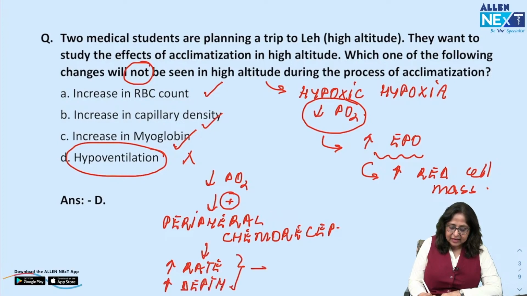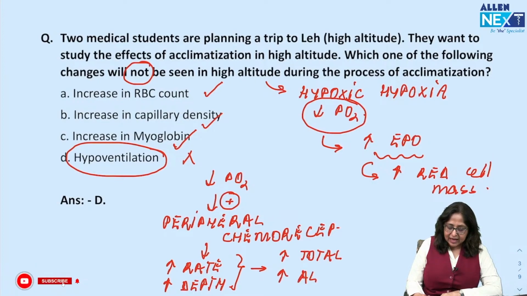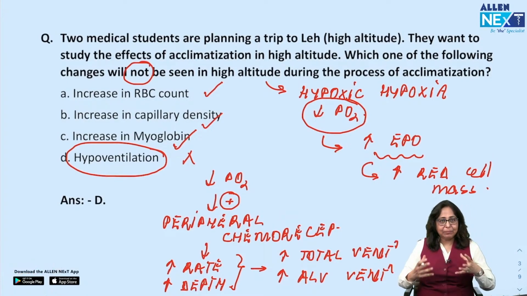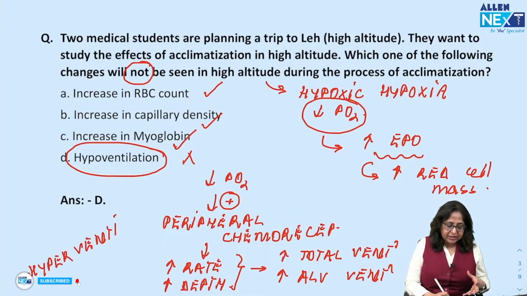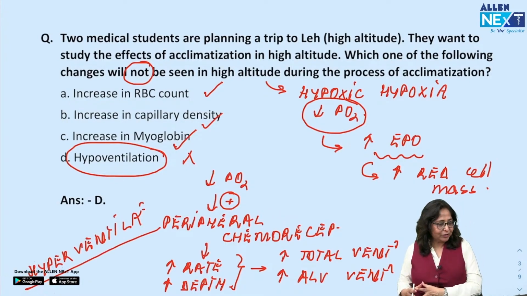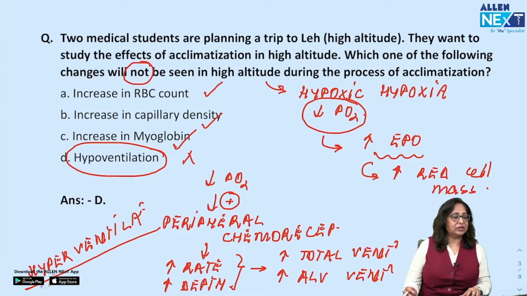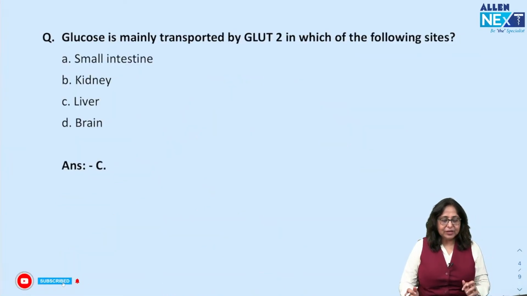And this results in an increase in the total or pulmonary ventilation and increase in the alveolar ventilation. And whenever there is increase in the rate and depth of ventilation, we call it hyperventilation. So what you're going to see in high altitude is a hyperventilation, right? So the answer to this question is going to be D. Let's look at the next question.